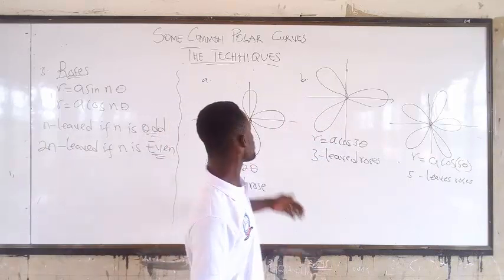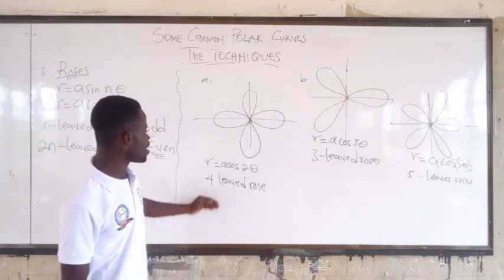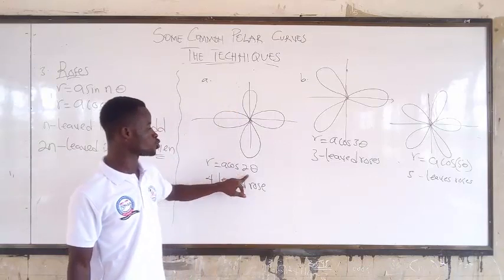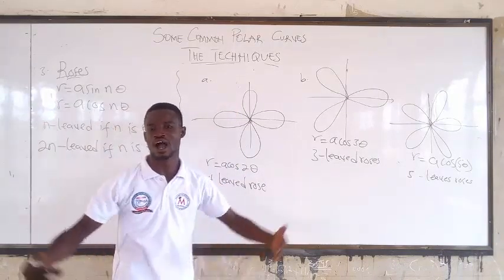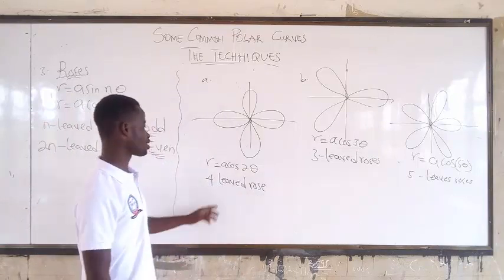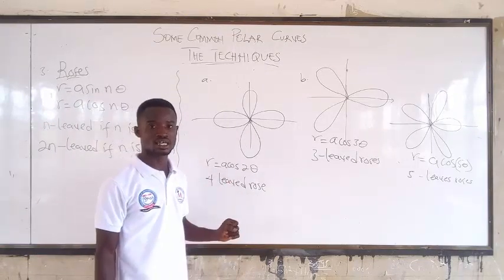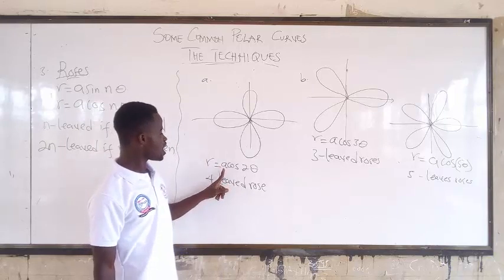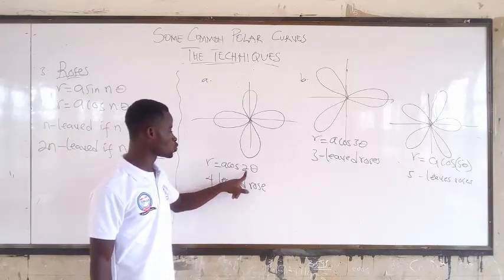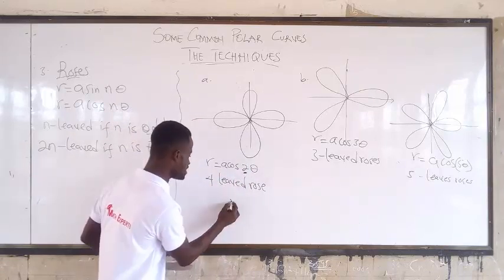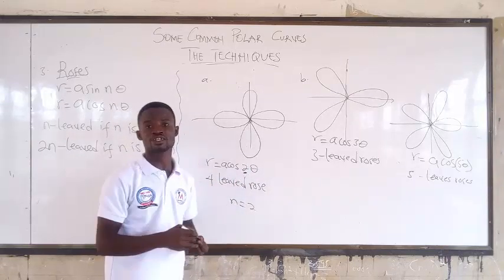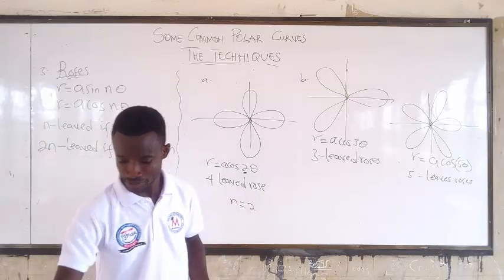Looking at the example we have here, the first one is a cos 2θ. The a here is just telling you how large the enlargement is going to be. So this one is like 4 cos 2θ. This is the n, and the n here is 2. Is 2 an even number or an odd number?